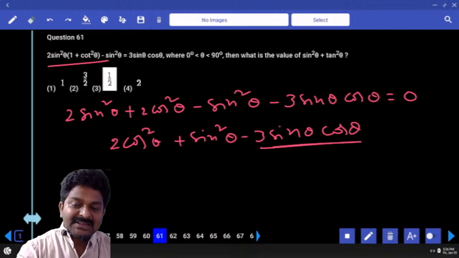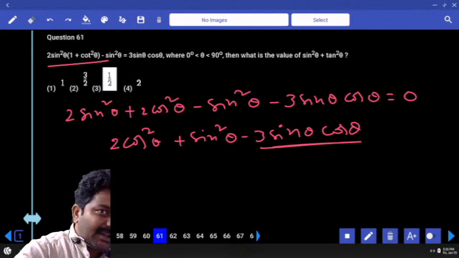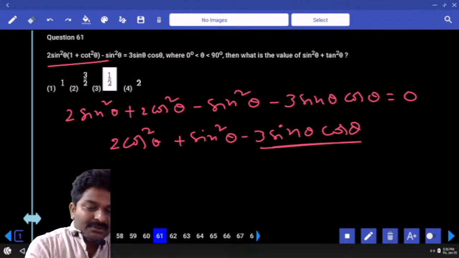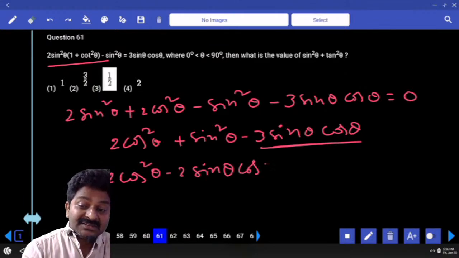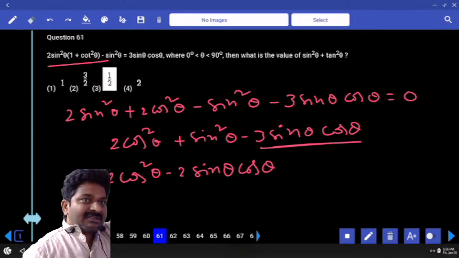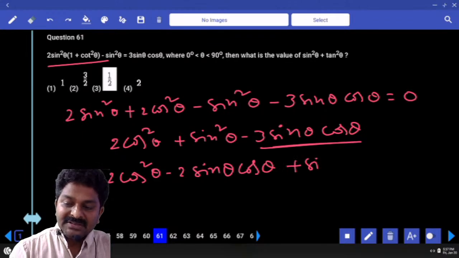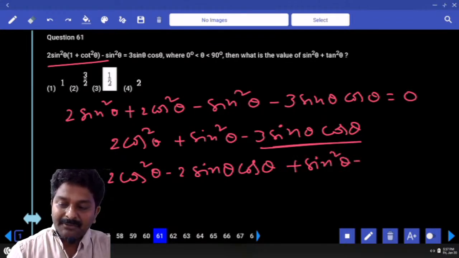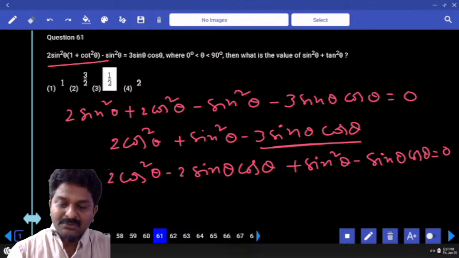Can I write this 3 sin theta cos theta as 2 sin theta cos theta plus sin theta cos theta? I'm just splitting. So now I will rewrite it as 2 cos square theta minus 2 sin theta cos theta, because here you have 2 cos square theta. Cos theta is common and 2 is also common. And then I am writing sin square theta minus the leftover sin theta cos theta is equal to 0.